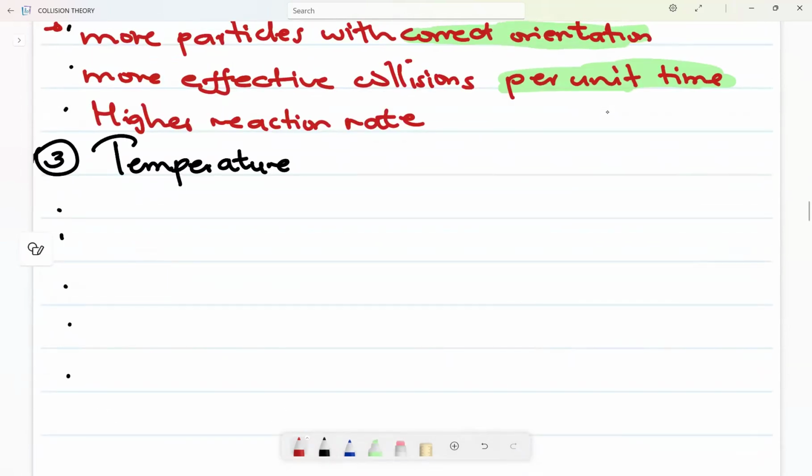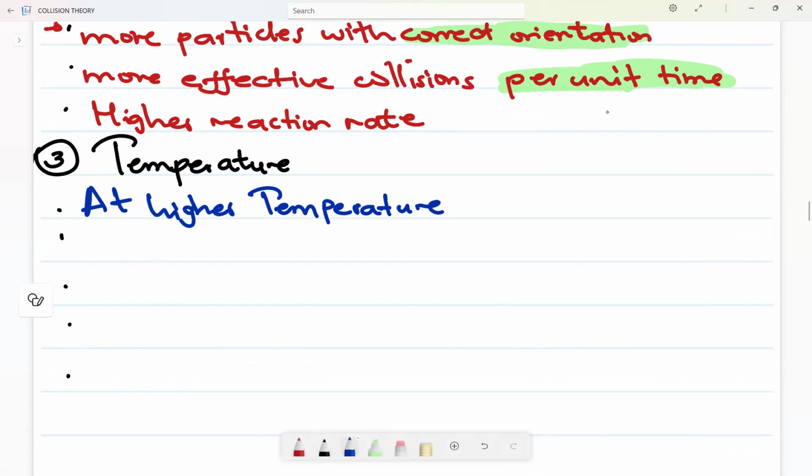Temperature. Let's talk about the temperature. Let's say at higher temperature. So it means we have increased the temperature now. What will happen? Remember, what does temperature affect?